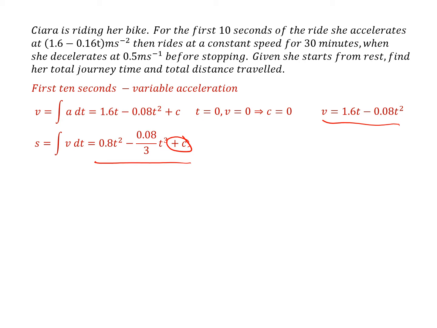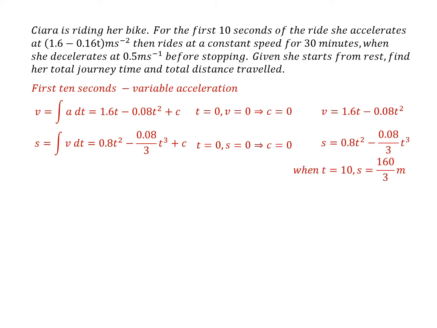Again, when t is 0, s is 0 because she's starting from what we're taking to be the origin. So s is 0.8t squared minus 0.08 over 3 t cubed. Using that, we can find out how far she travels in the first 10 seconds.